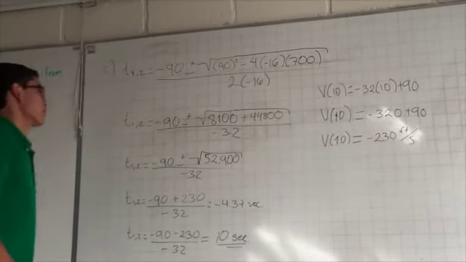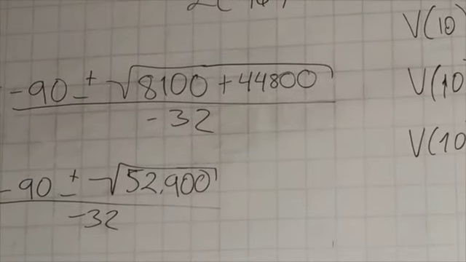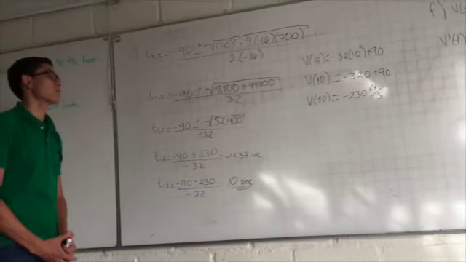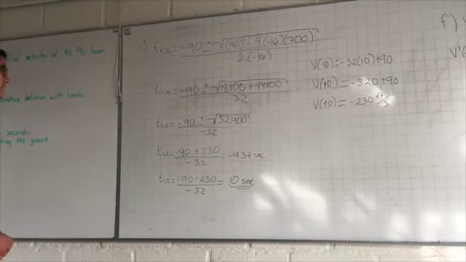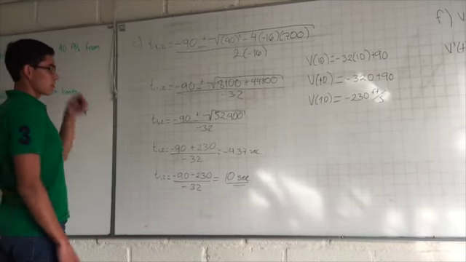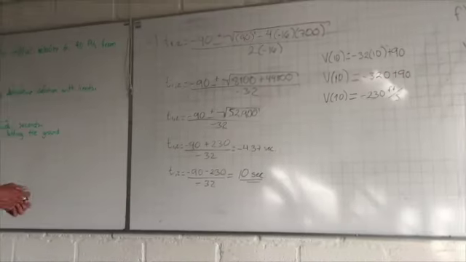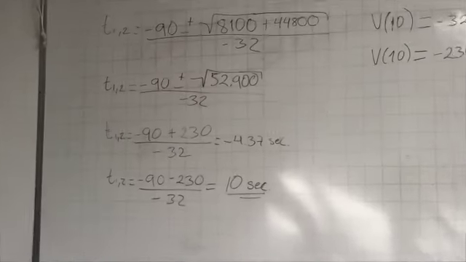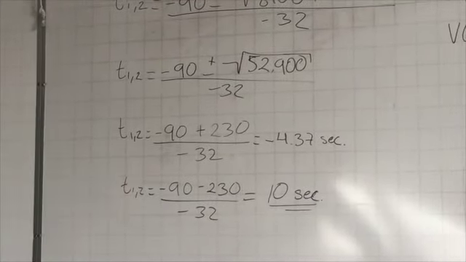Then we have minus 90 plus minus the square root of 8,100 plus 44,800, all over minus 32. Then minus 90 plus minus the square root of 52,900 all over minus 32, and in this part the time divides in two roots.